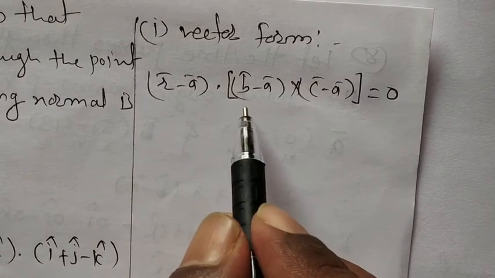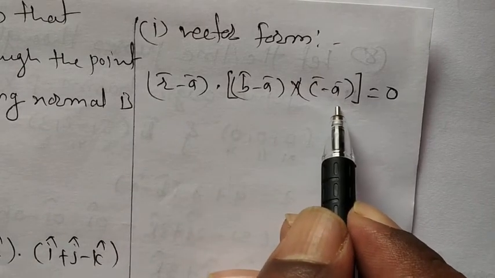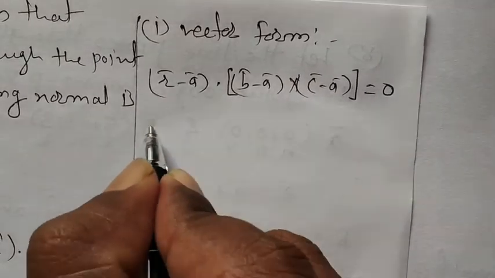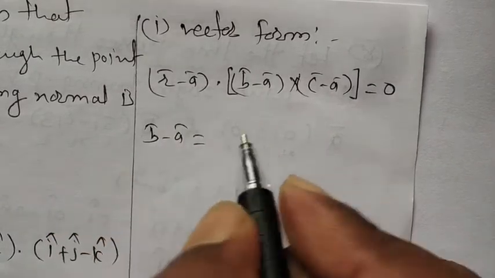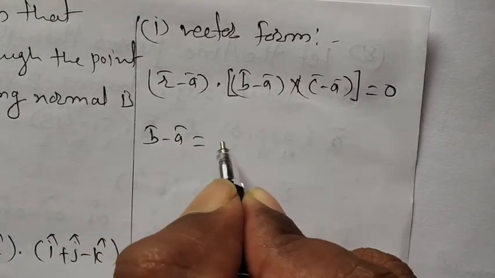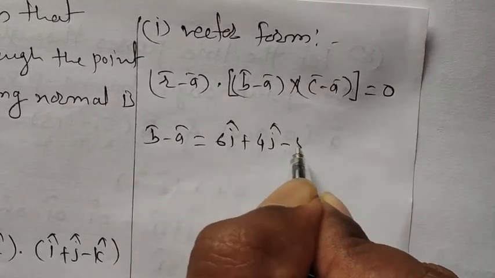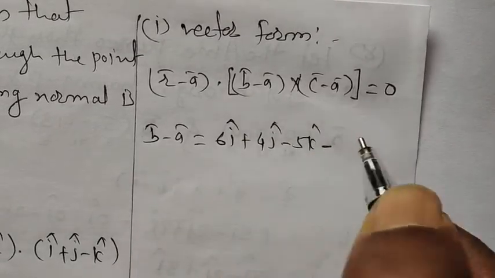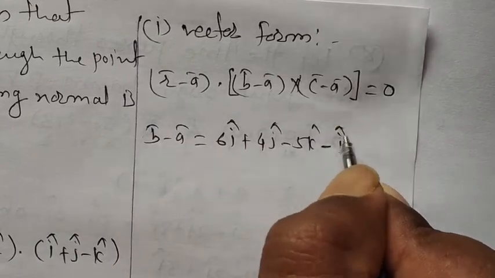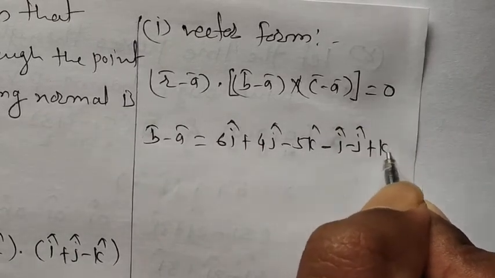So first we want to find b bar minus a bar, c bar minus a bar and their cross product. Let me find b bar minus a bar. b bar is 6i plus 4j minus 5k, minus a bar, which is minus i minus j plus k.